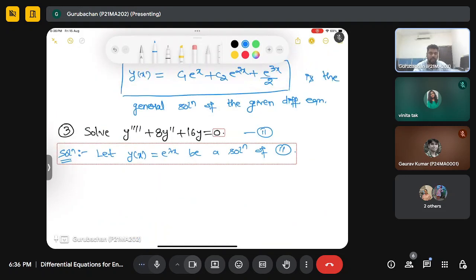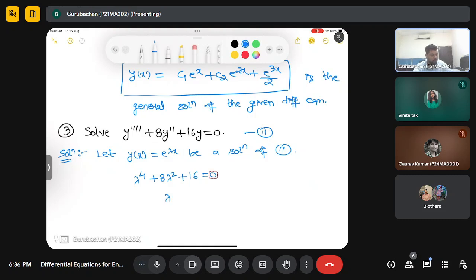Then, following some calculation steps, we will get λ^4 - 8λ^2 + 16 = 0. If you observe it, it is nothing but (λ^2 + 4) whole square equal to 0.